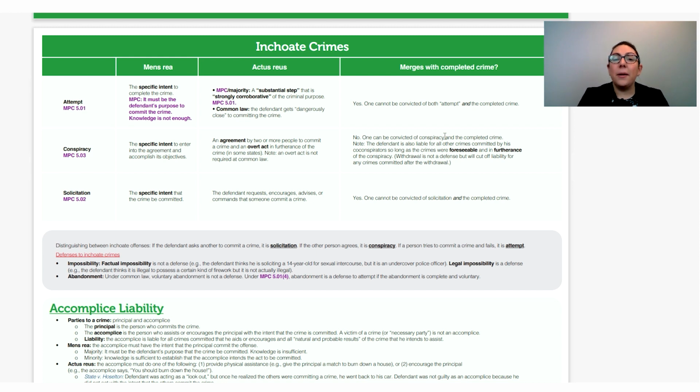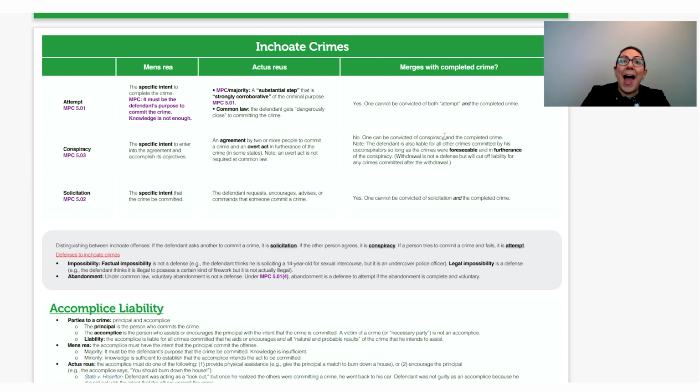Now, attempt merges with the completed offense. So think about murder, for instance. Let's say a defendant buys a gun, gets in his car, drives toward the victim's house, pulls out the gun, aims the gun at the victim. At this point, the defendant has most likely committed attempted murder. If we stop the action right there, we have an attempted murder.